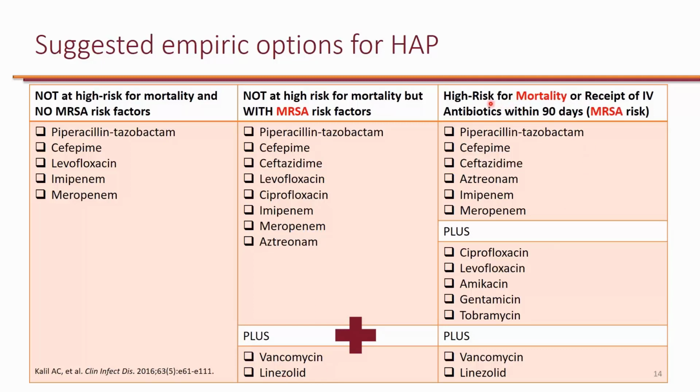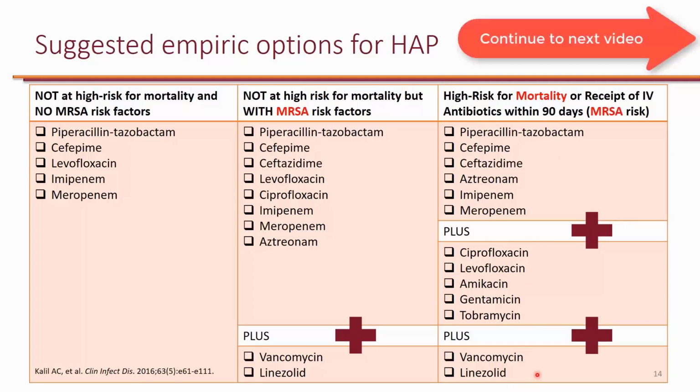And of course, if someone is at high risk for mortality, then that patient should receive two agents for Pseudomonas plus one agent for MRSA. So one of the beta-lactams plus one of the non-beta-lactams active against Pseudomonas, plus an agent for MRSA.